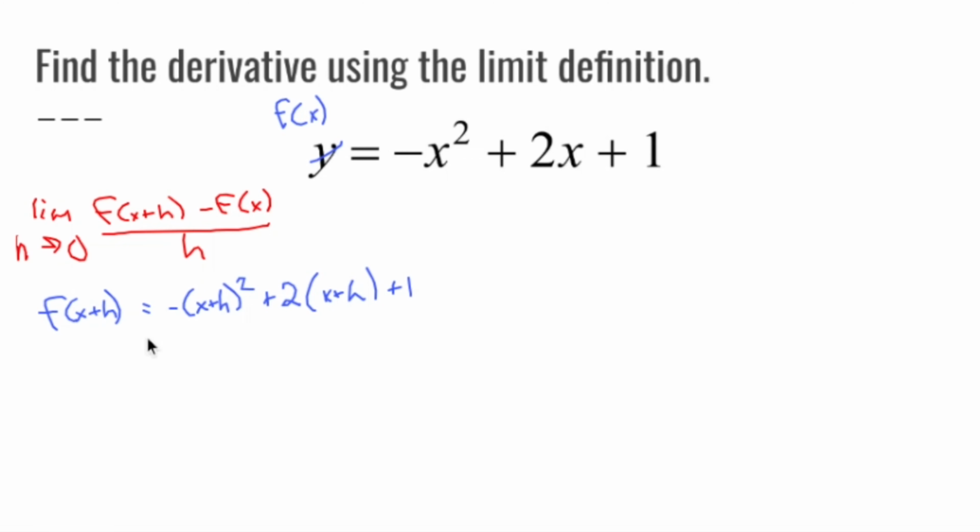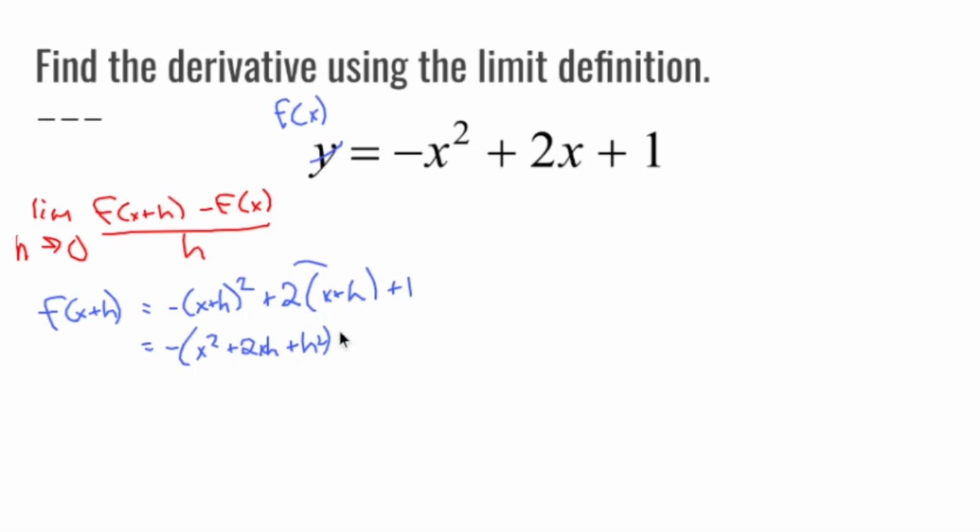So what I'm going to do is write out that x plus h squared is a perfect square trinomial. I can FOIL this, but I'm going to be a little lazy and just say that becomes x squared plus 2xh plus h squared.